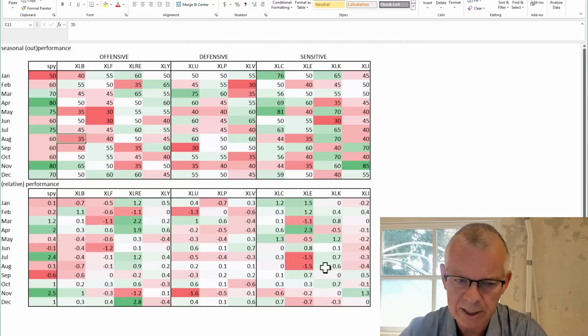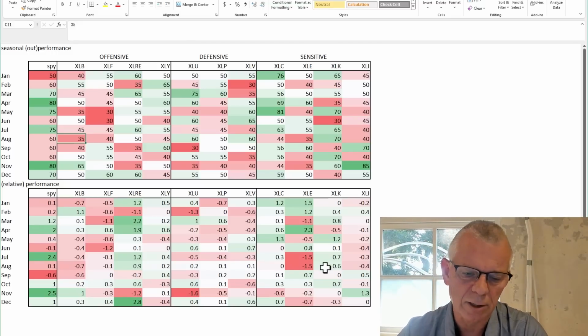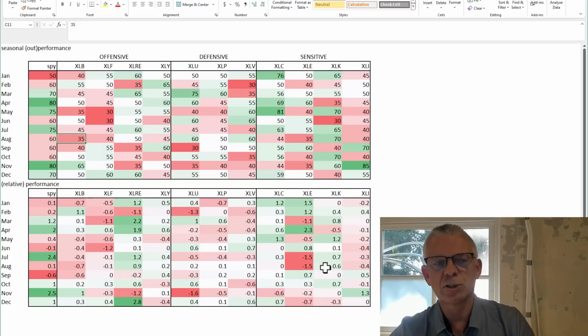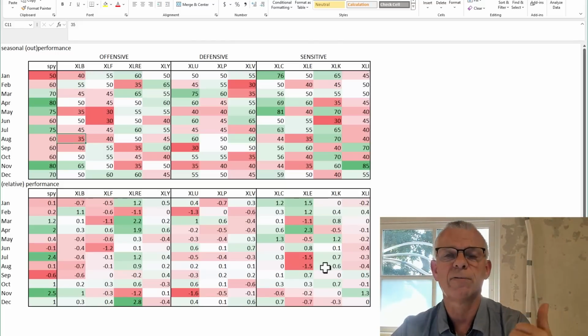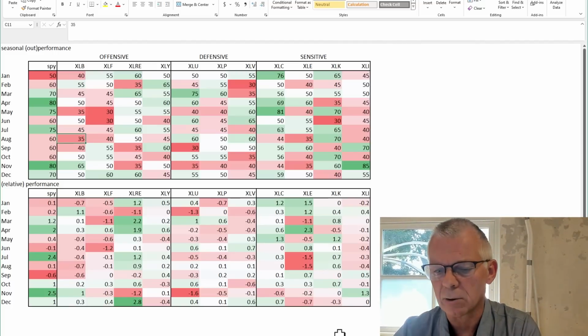Yeah, 0.6, so 0.7% expected return for the technology sector in August. Let's take a look at the charts of materials, energy, and technology, whether we can either confirm or deny those seasonal rotations, or whether they are in play or not.